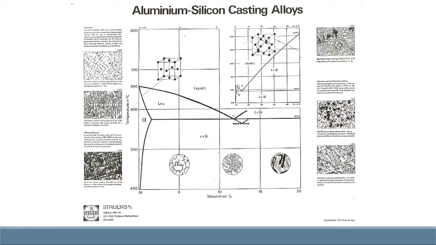You would have your alpha in the white, that's your solid solution, and then the dark regions around it, giving it that interdendritic morphology. That would be your eutectic silicon.